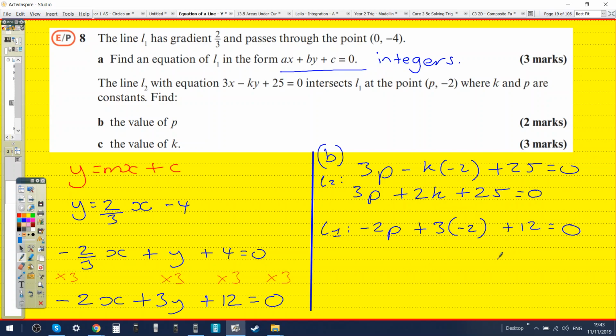Yeah. And how many unknowns in this one? 1. Yes. And so the L2 had a k, so that's why we weren't able to solve it. But this one had no unknowns. And so what's next?